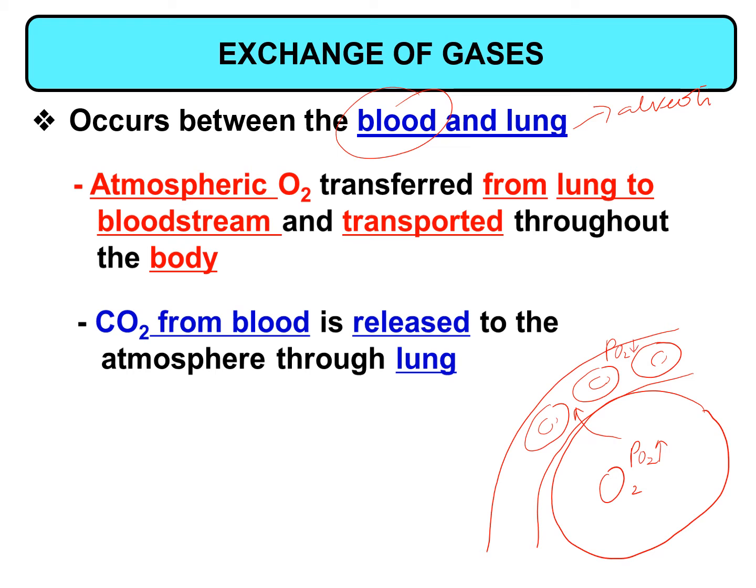Okay, and so oxygen gas will diffuse from the alveoli into the blood capillary, and it will bind to the hemoglobin in the erythrocyte, while the blood is carrying carbon dioxide, so the partial pressure of carbon dioxide is high in the blood capillary and low in the alveoli. So carbon dioxide will diffuse out of the blood capillary into the alveoli.